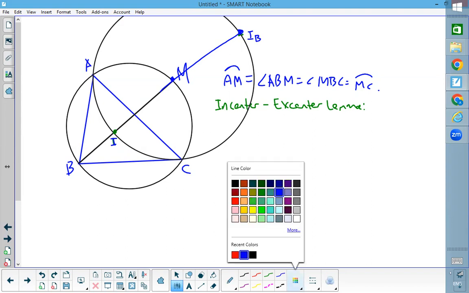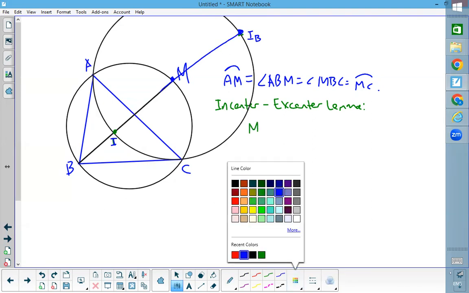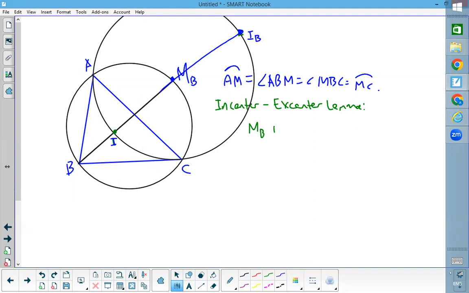Basically, the incenter-excenter lemma tells us that MB, I'm going to write this as MB instead, is MA equals MI equals MC. This can be proved very easily through angle chasing.